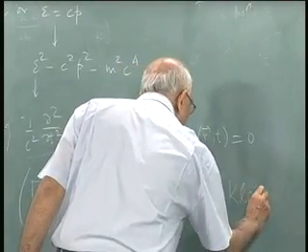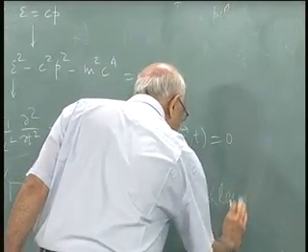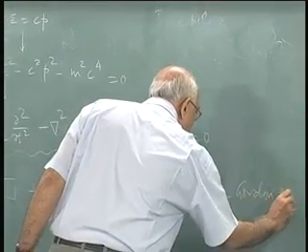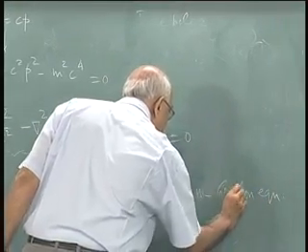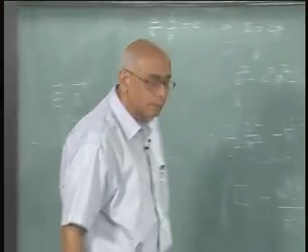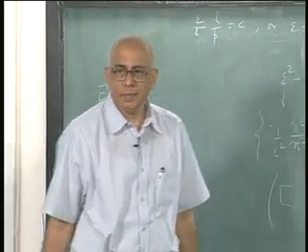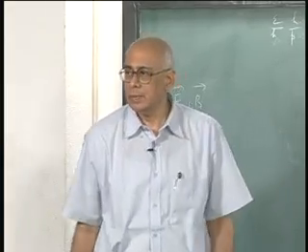This equation is called the Klein-Gordon equation. So although I am not supposed to do relativistic quantum mechanics in this course, no harm in knowing that this is the Klein-Gordon equation. It replaces the Schrödinger equation in relativistic quantum mechanics.